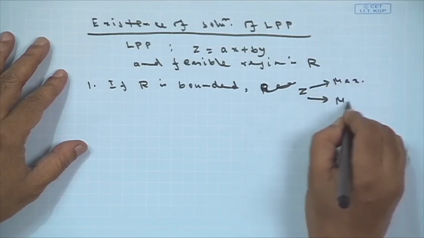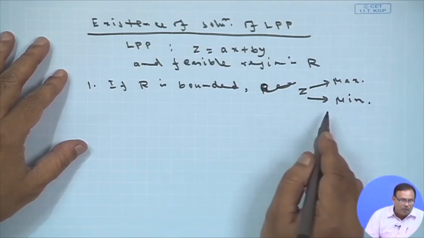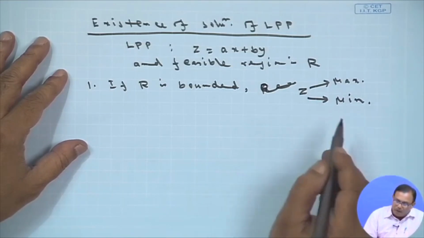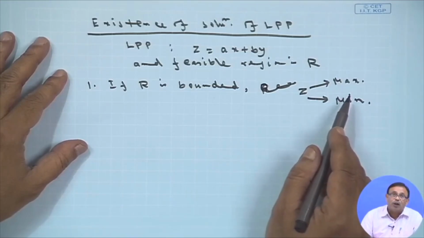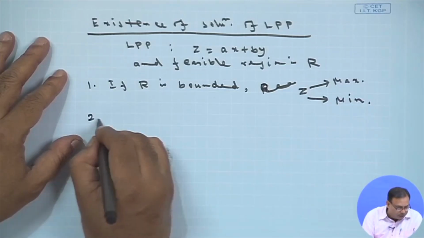Please note this one. If R is bounded, Z has both maximum value and minimum value. Here, maximum and minimum mean the optimum values.